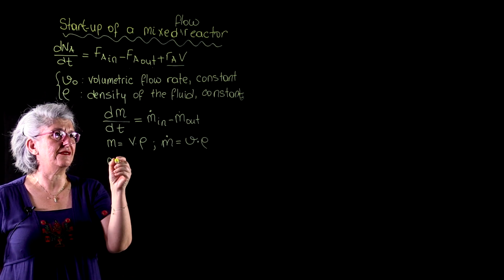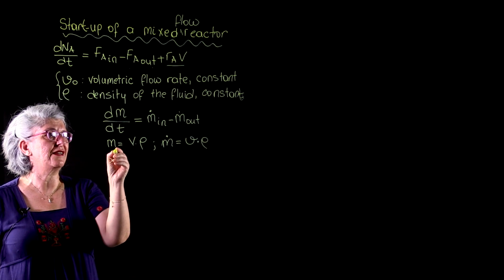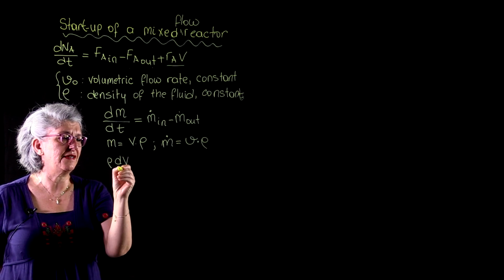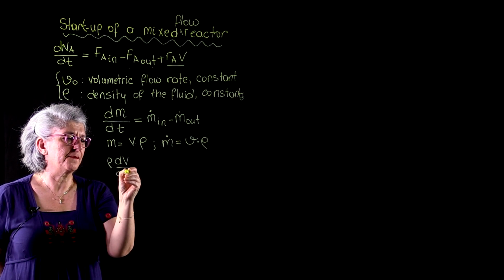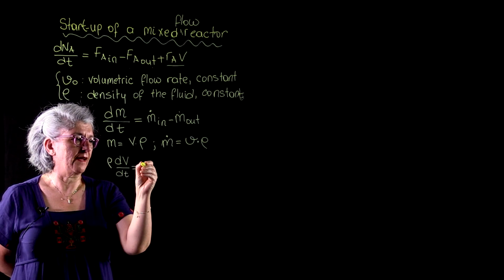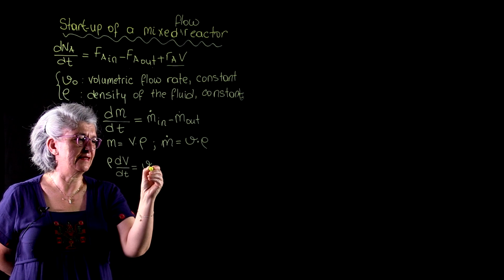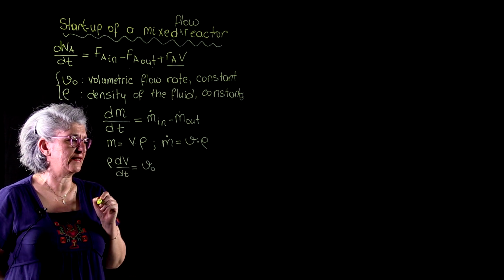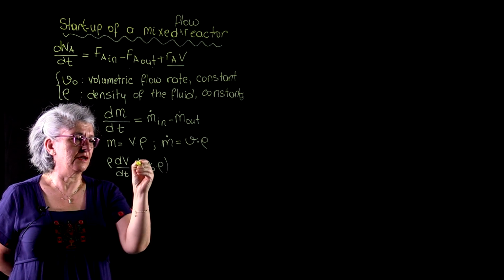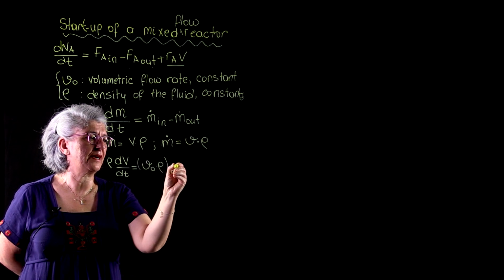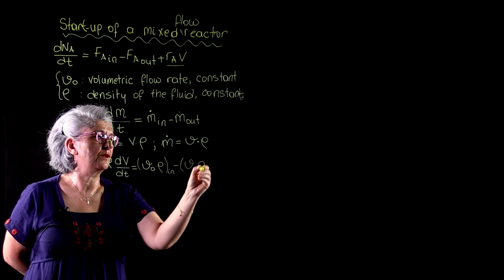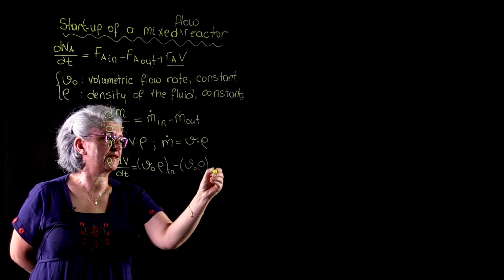Density is constant. As a result, I'm going to take rho out of the derivative, and my dM becomes dV over dt, and that is going to be equal to V0, which we have also taken as constant, times rho that enters through the system boundaries minus V0 times rho that leaves the system boundaries.